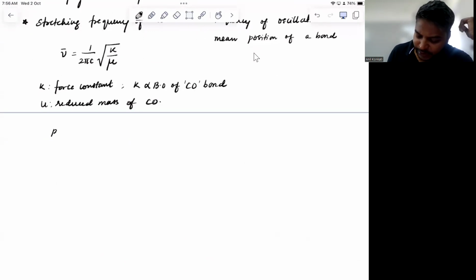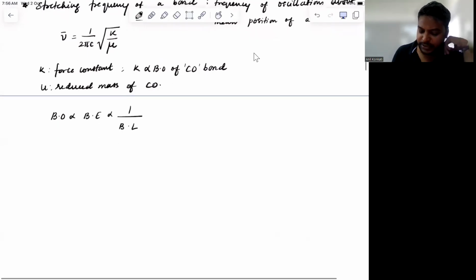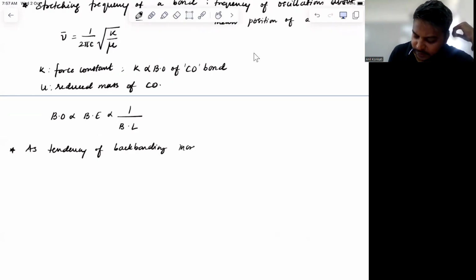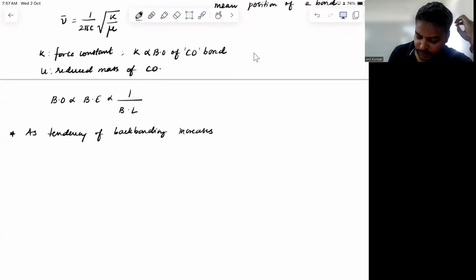And we know that generally bond order is directly proportional to bond energy, but that is inversely proportional to bond length in most cases. So I can say as tendency of back bonding increases here, metal carbon bond order will increase.